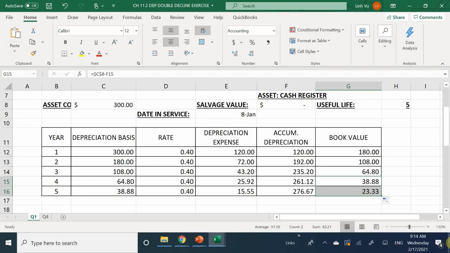So in this case, my salvage value has never been met, but that's okay. My book value never fell below salvage value, and my salvage value is 0 anyway.